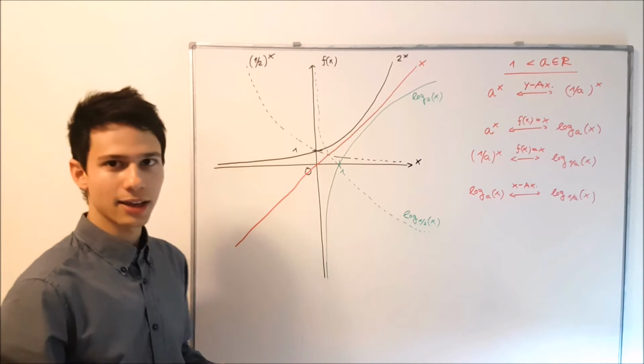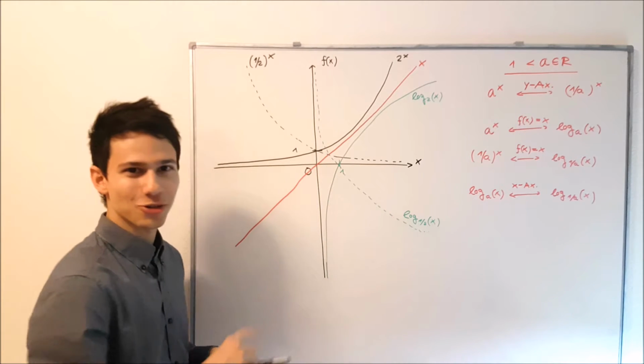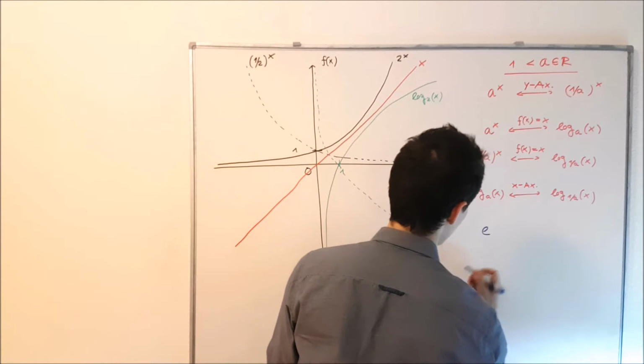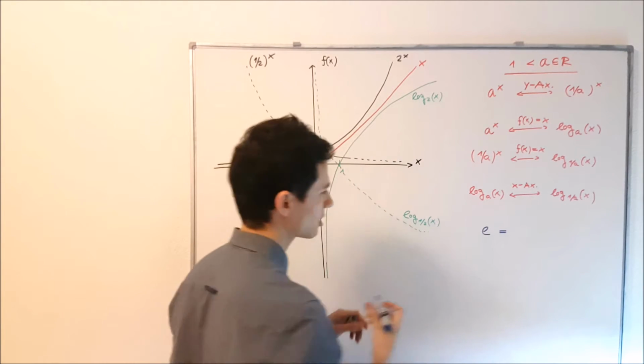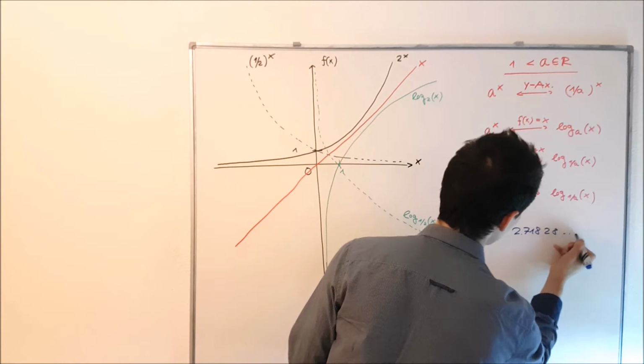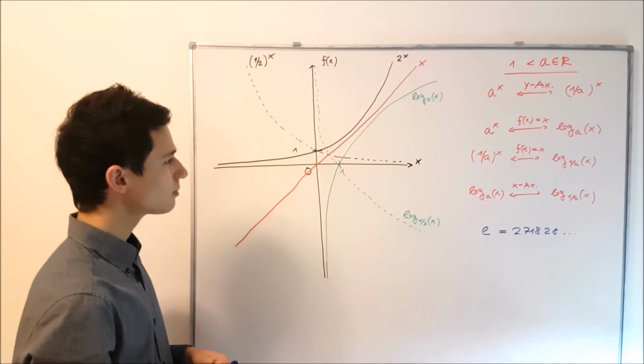Now one last thing, let's graph the natural exponential function where the base would be e, the Euler number that is approximately 2.71828, and it goes on and on since it is an irrational number.